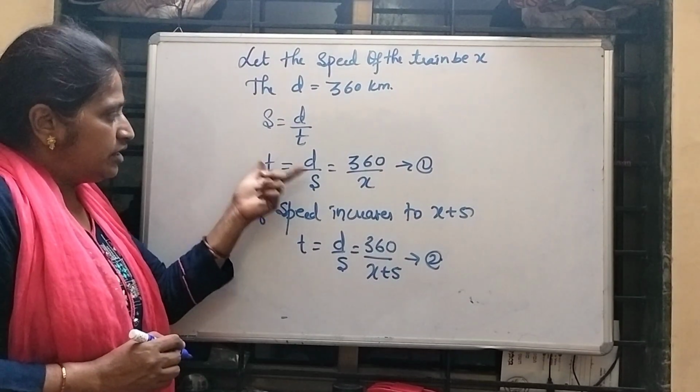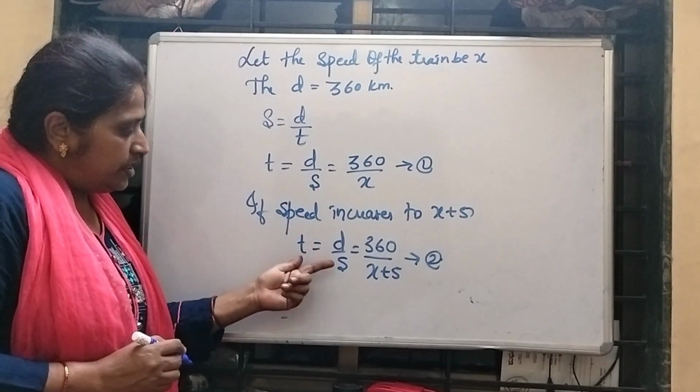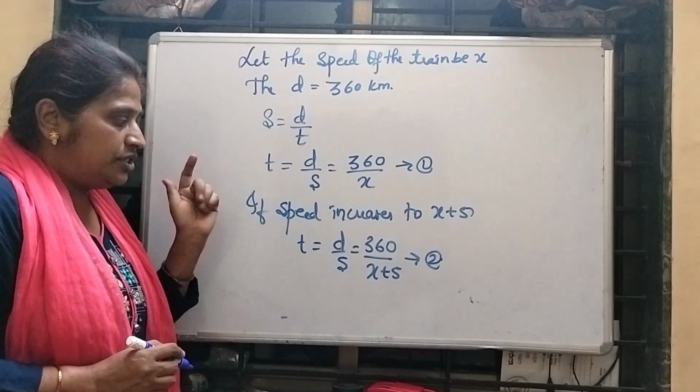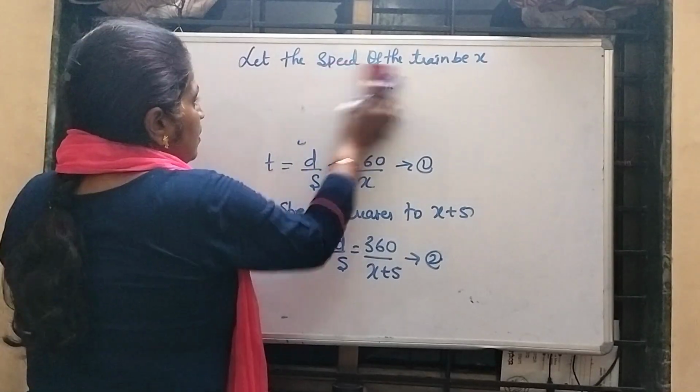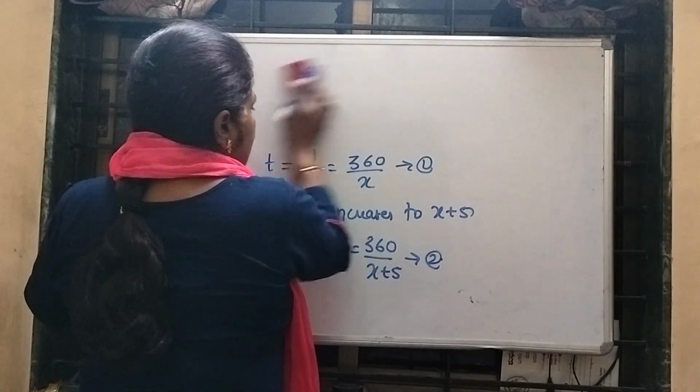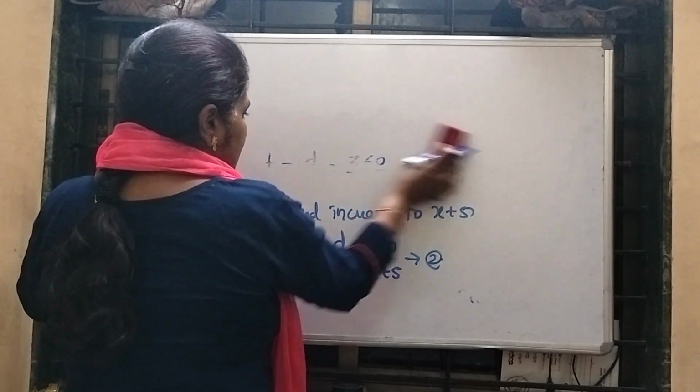Here it would have taken 1 hour less journey, which means we need to subtract. That is equation 1 minus 2. That is the difference in time, that is why we subtract it.